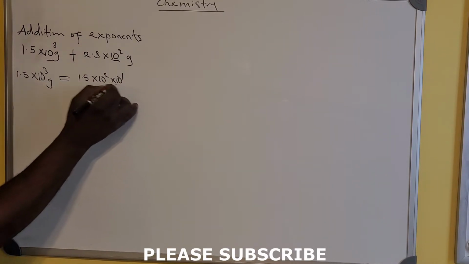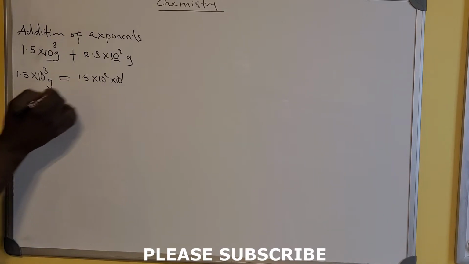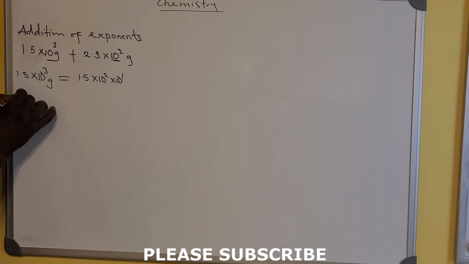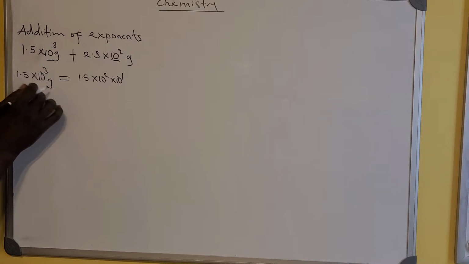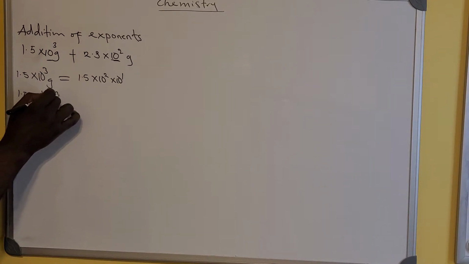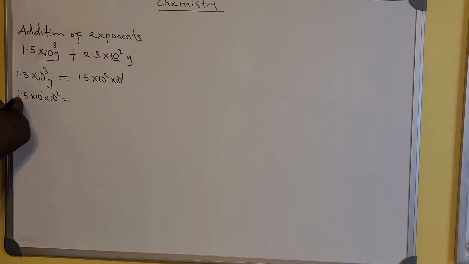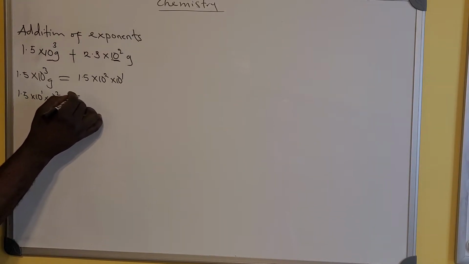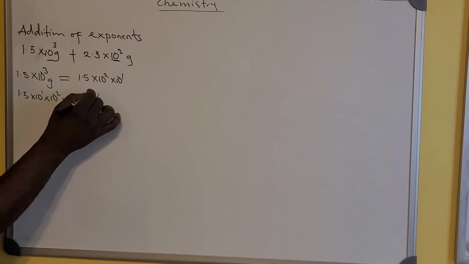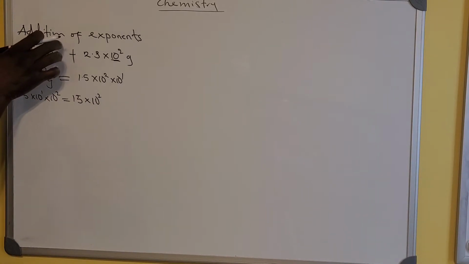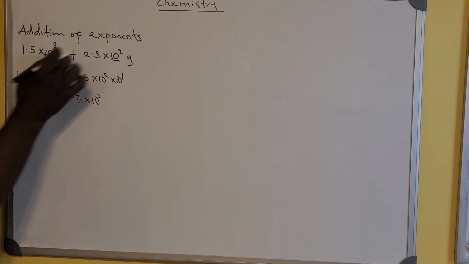And then I can multiply this by this, which gives me 1.5 times 10 raised to the power 1 times 10 raised to the power 2. So this becomes 1.5 times 10 raised to the power 1, which is simply 10, is 15 times 10 raised to the power 2. So now I've converted this to this.